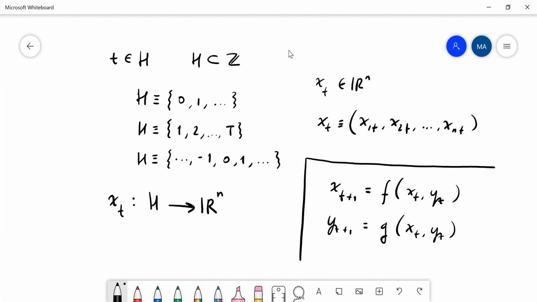In the most general case, I can write this even more generally by making these systems non-autonomous. So these functions themselves may change in time, but there is a simple way to turn a non-autonomous system into an autonomous one. I will show you that.